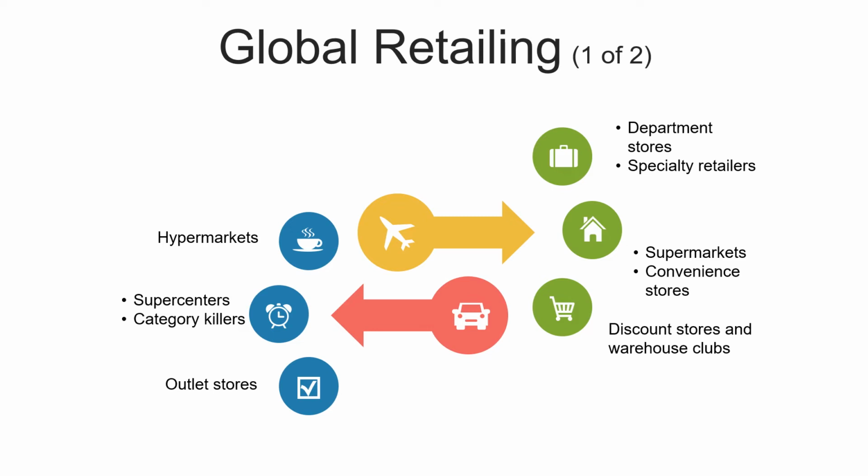This slide offers a survey of some of the different forms that retailing can take. Retail stores can be divided into categories according to the amount of square feet of floor space, the level of service offered, the width and depth of the product offering, and other criteria.